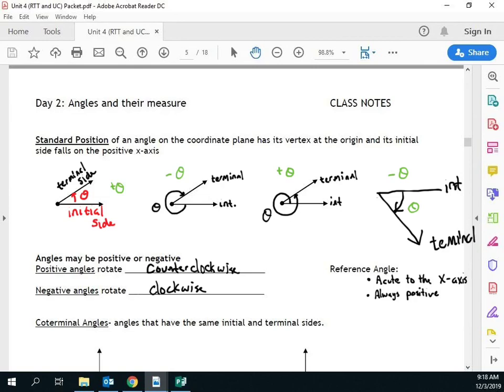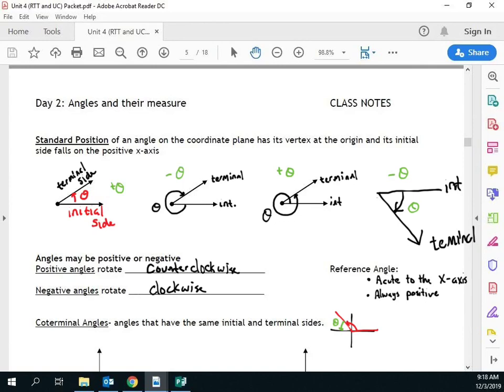So when you see something like this, okay, here is our angle we're looking at, which means we started here and we went around to there. Our reference angle, guys, what we're going to reference this to is going to be the distance from here. It's the angle from there to there. It is always going to be an acute angle, down or up, you'll see another example, to the x-axis.